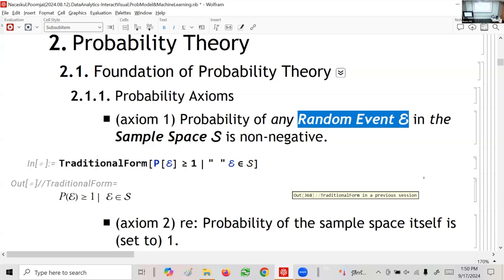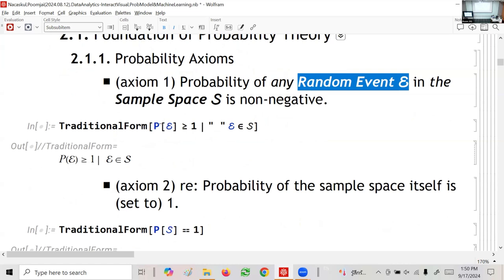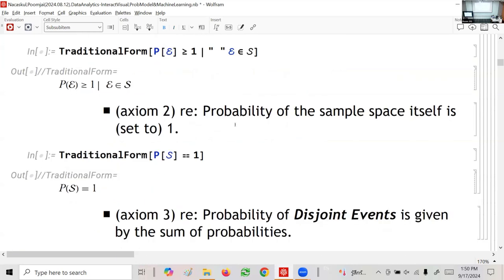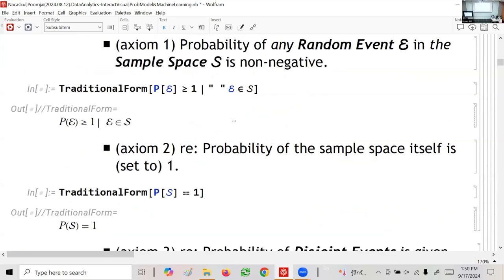The probability of anything that can happen is non-negative. Let's agree to that. It's just a way of quantification.